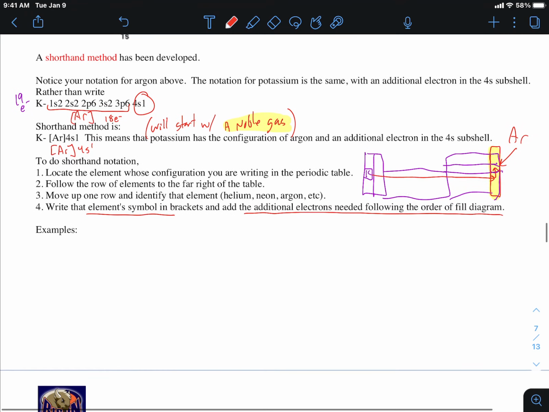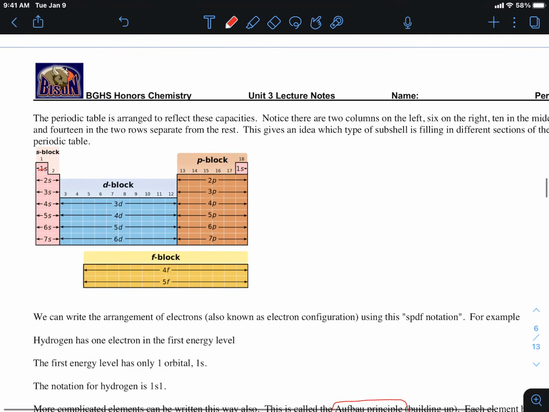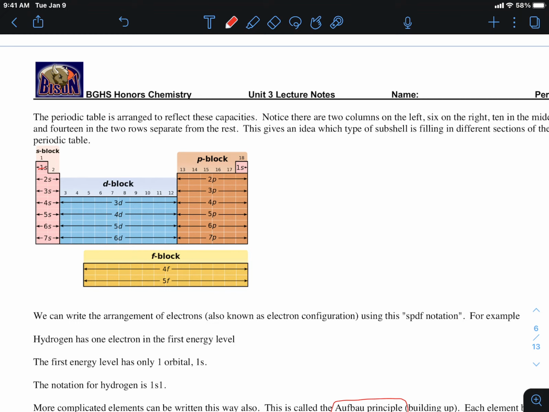Okay, so another example. Let's pick a new element like cadmium. Take cadmium and let's write our shorthand method. Cadmium is element 48. There are 48 electrons. Now, if I find cadmium on the periodic table, let's see if I can find the picture again. Okay, cadmium is right here, where the red circle is.